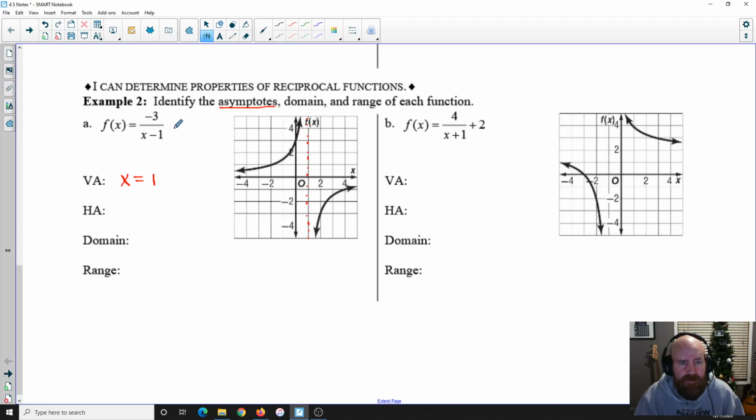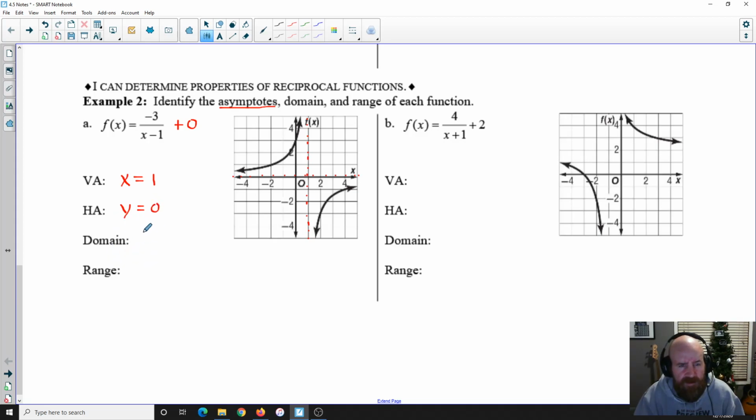Right now we have a plus 0. So the horizontal asymptote would be y equals 0. And if we look at the graph, y equals 0 is the x-axis. That's our horizontal asymptote.